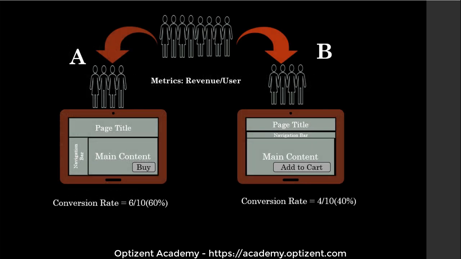Here is an example of testing on a landing page. All your website users are divided into two random buckets called A and B, and they are shown two different landing pages. Then the metric of interest, conversion rate in this example, is captured, and then metrics are compared to see which version drove the most conversions.